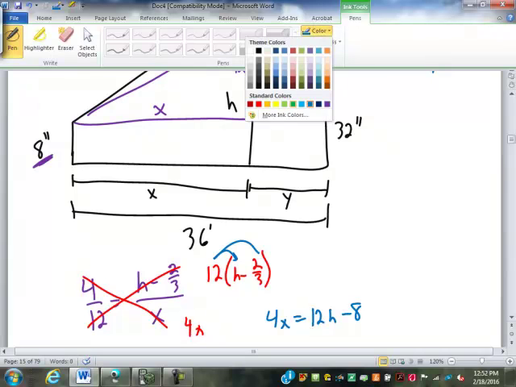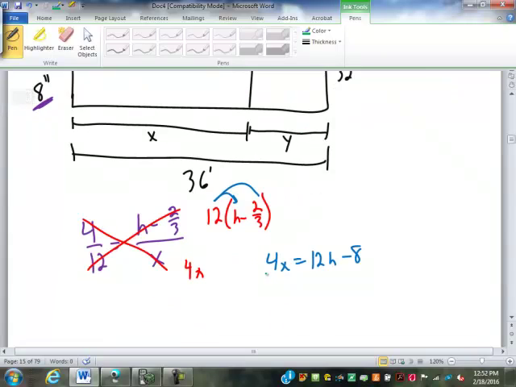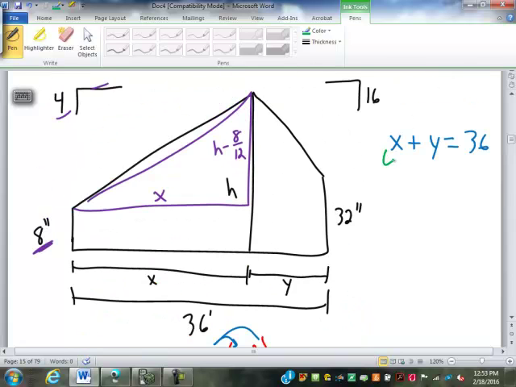And now, if you recall how we divide by 4, then we're going to divide everything over here by 4. So x equals 12 divided by 4 is 3h, minus 8 divided by 4 is minus 2. Okay. So x here becomes 3h minus 2.